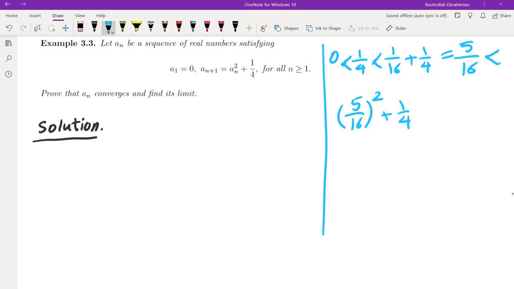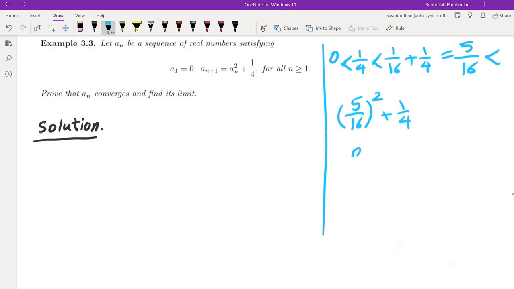Now, in order for us to prove that this sequence is convergent, we would have to show that the sequence is increasing and the sequence is bounded. So first, how do we show that the sequence is in fact increasing?